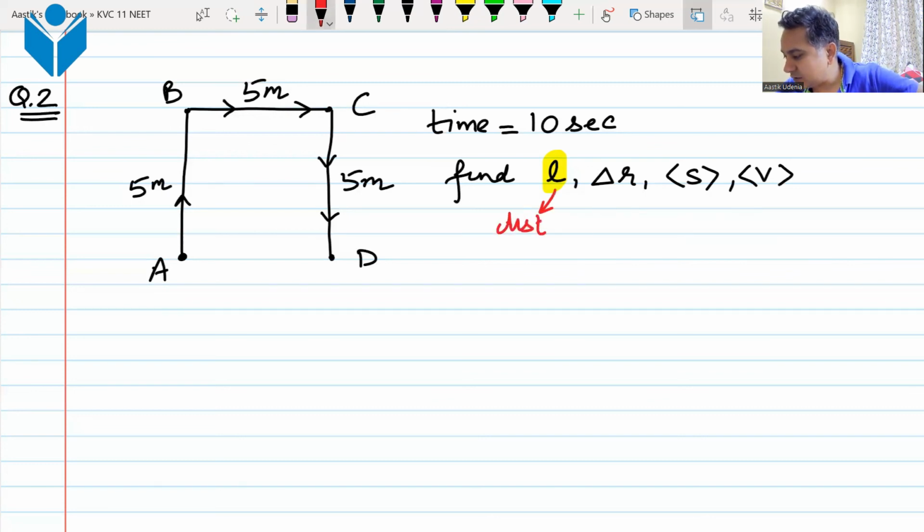Okay, well done. What about this delta R? What is this? Displacement. Okay, well done. Displacement. What about that S with a bar?